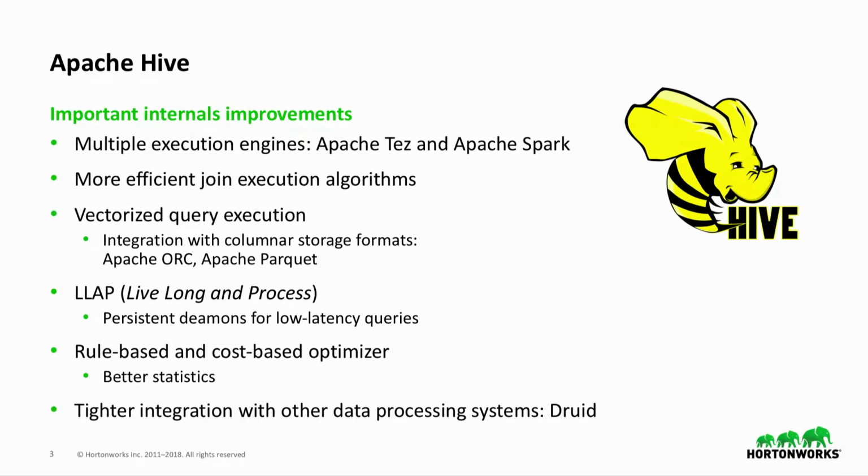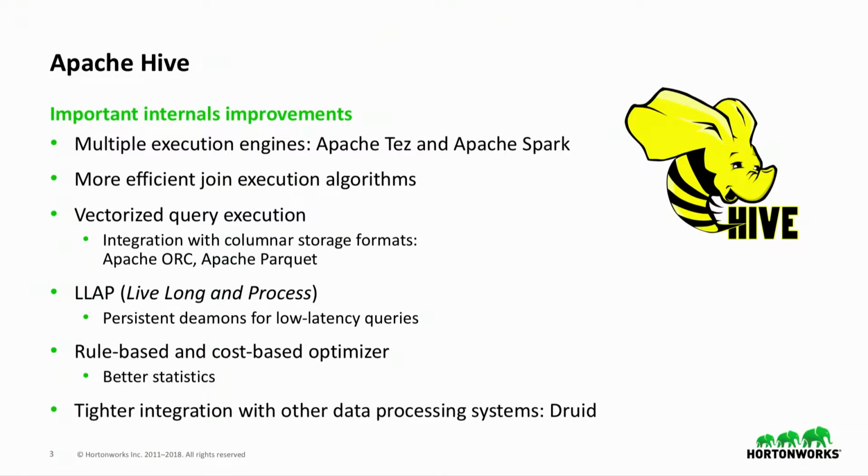Also, vectorized query execution was introduced, that is very useful for LLAP kind of workloads where you basically execute the same operation on batches of columns instead of on rows. Together with that, integration with columnar storage formats, so ORC, Parquet. Another huge development, LLAP, so persistent daemons for low latency queries.